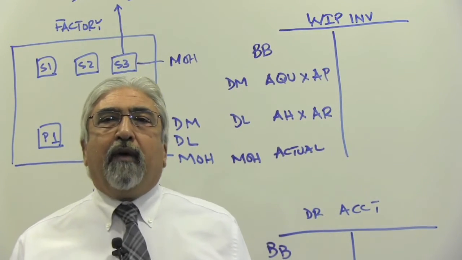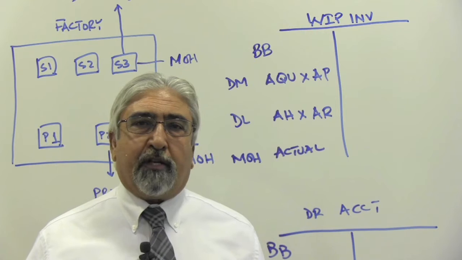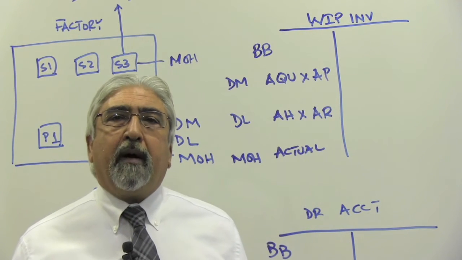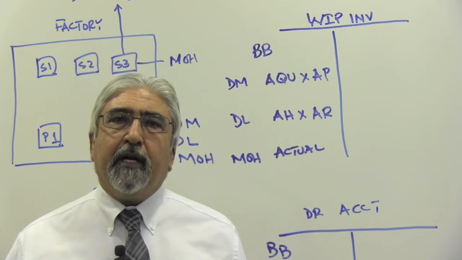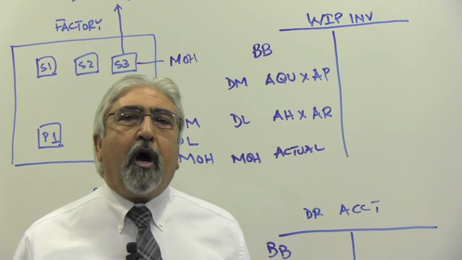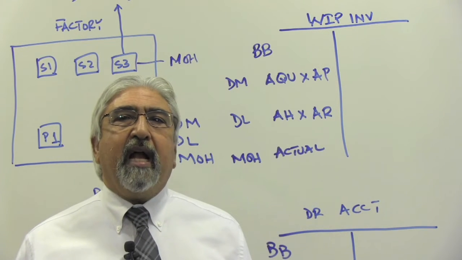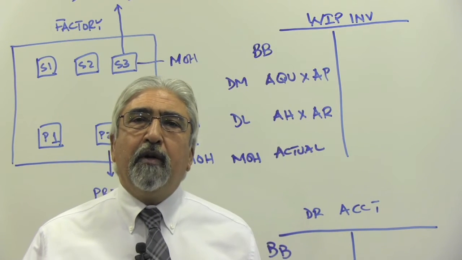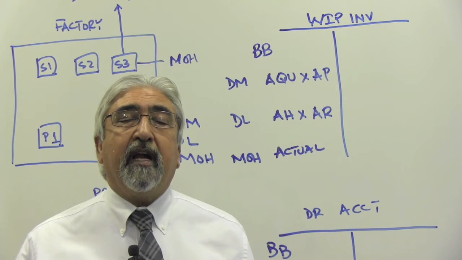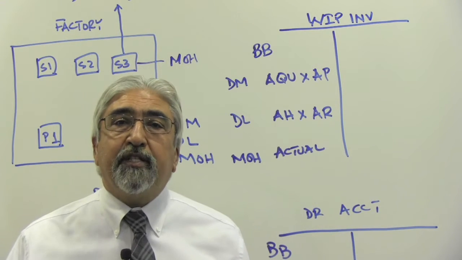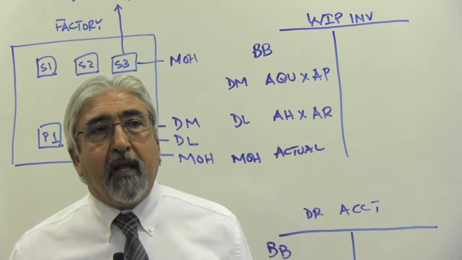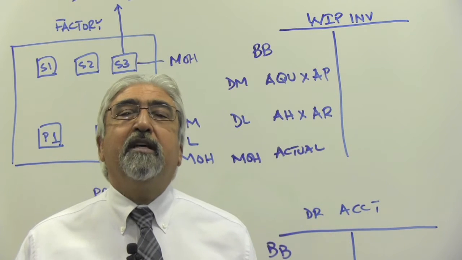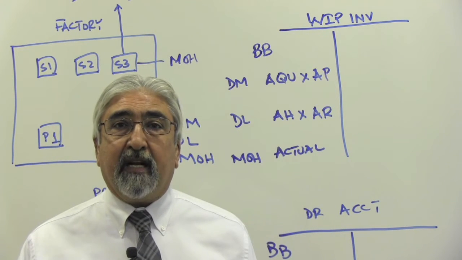So, when we are using actual costing, we will come up with a production cost per unit. The problem is that the production cost per unit can vary significantly during different points during the year, and that is called the seasonality factor.